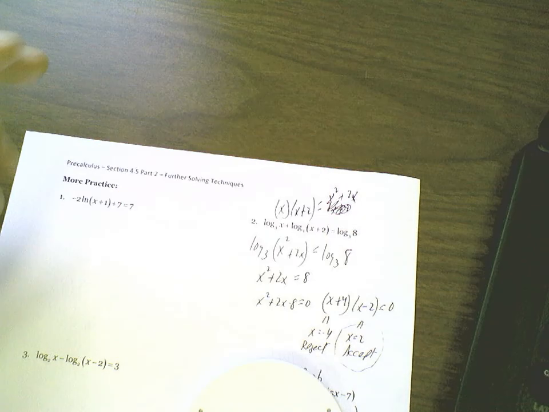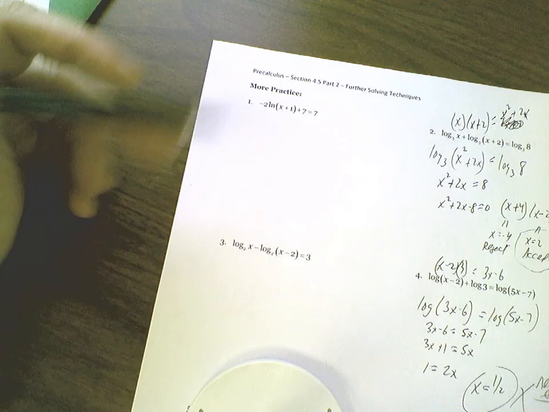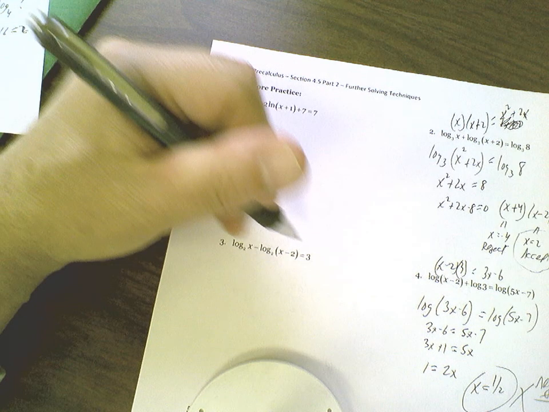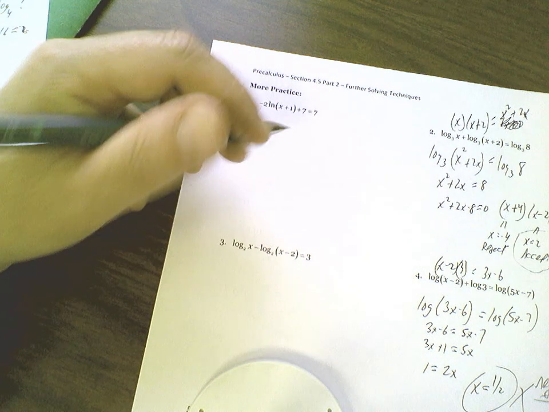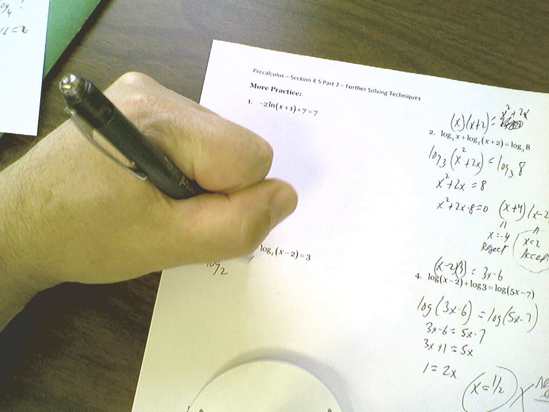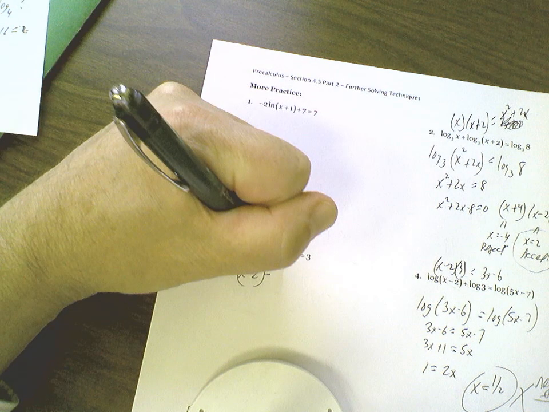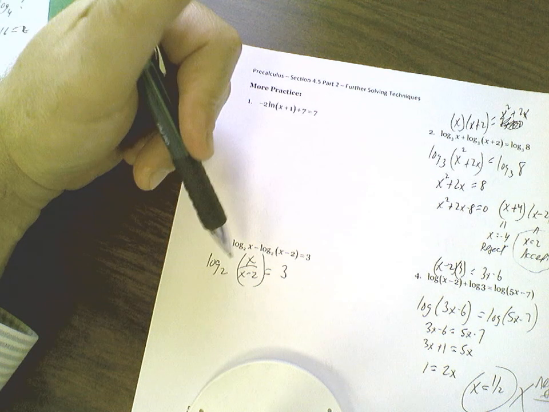Let's do number 3. Log of x minus the log base 2 of x minus 2 equals 3. Quotient property: log base 2 of x over x minus 2 equals 3. Not quite as pretty as I like, but let's see what we can do.